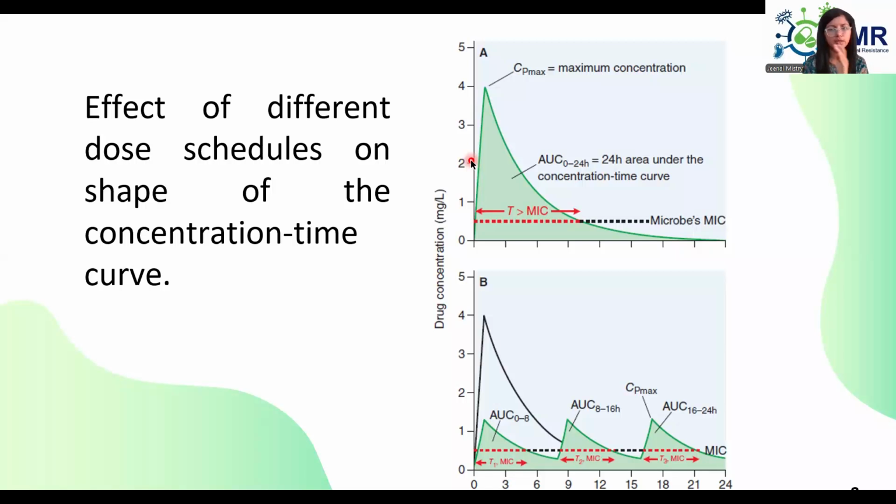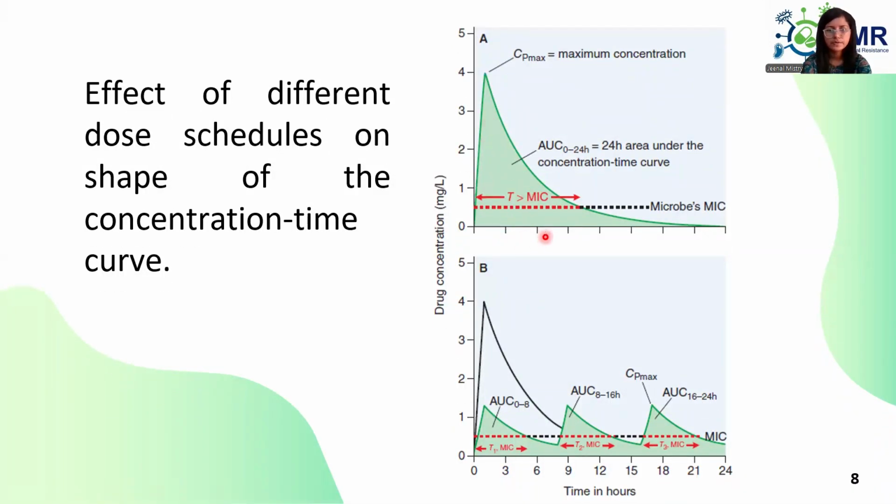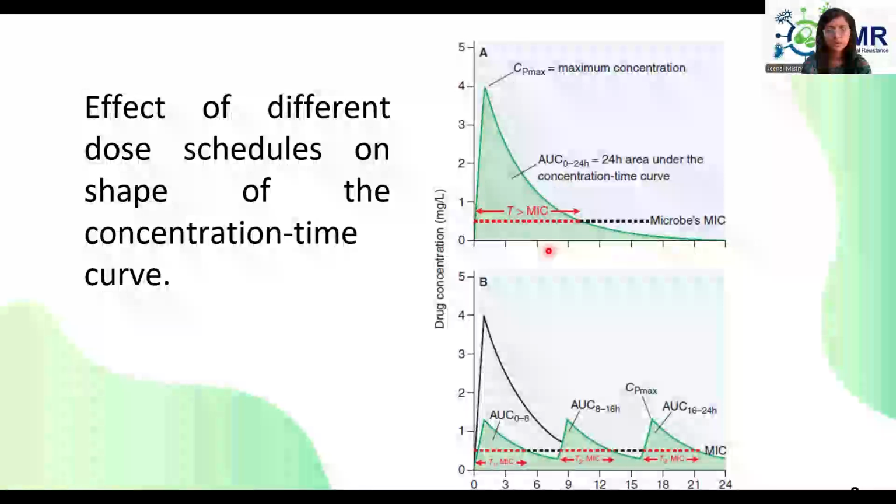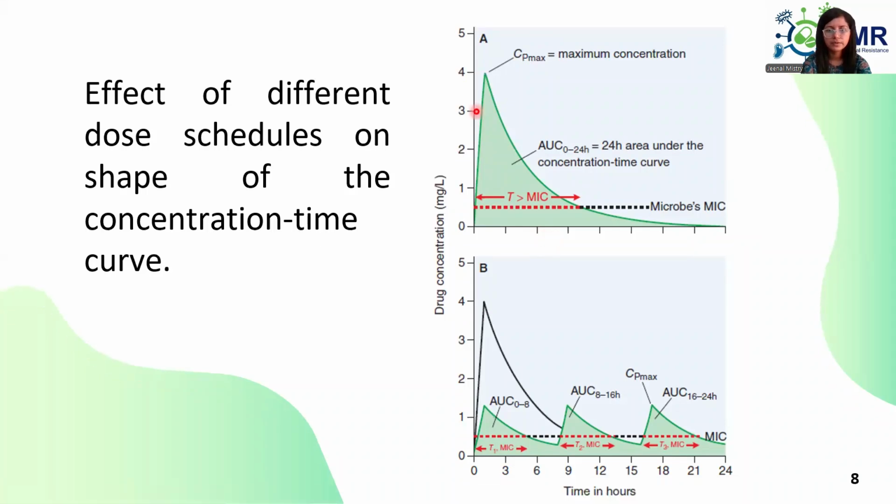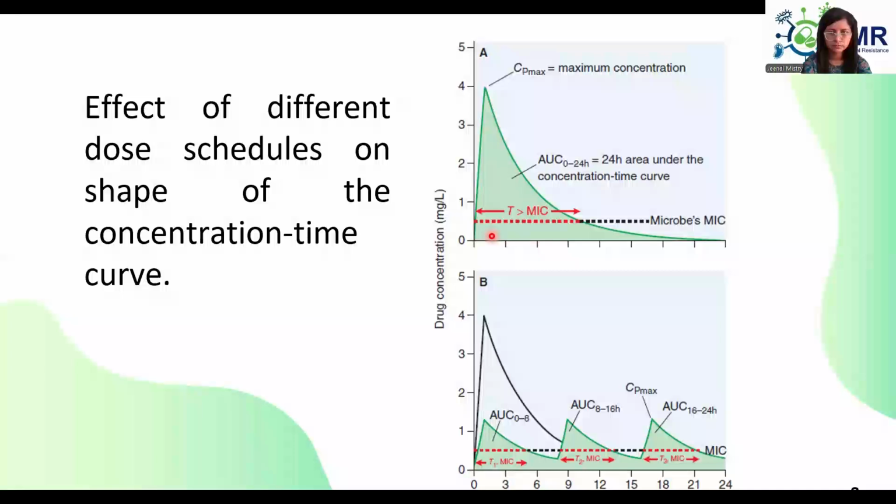This antibiotic is administered with a dosing interval of 24 hours, like once daily dosing, which is shown here. The minimum inhibitory concentration is 0.5 milligram per liter, and the half-life is 3 hours. The antibiotic reaches the peak plasma concentration, and there is the dosing interval of 24 hours.